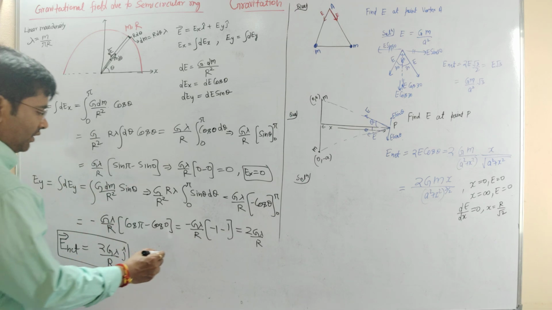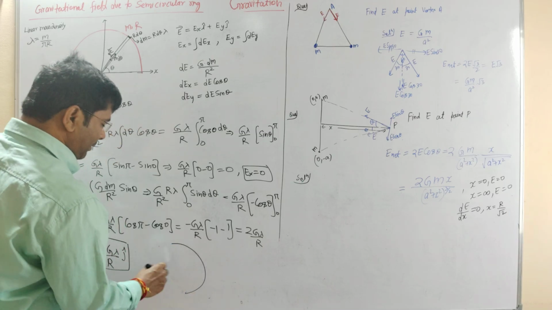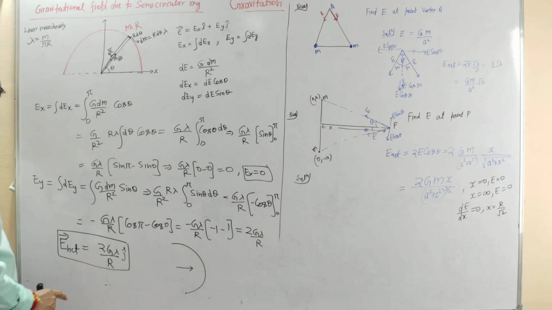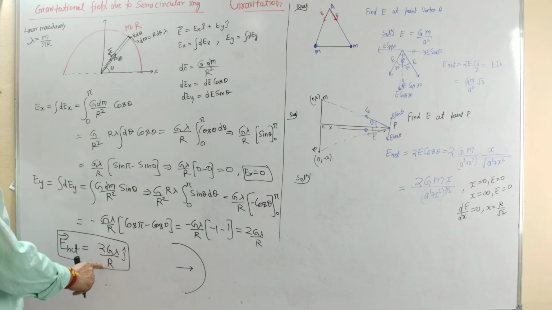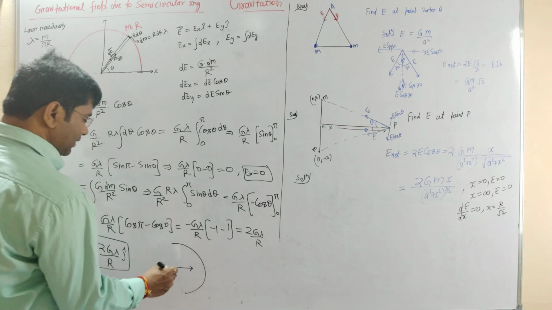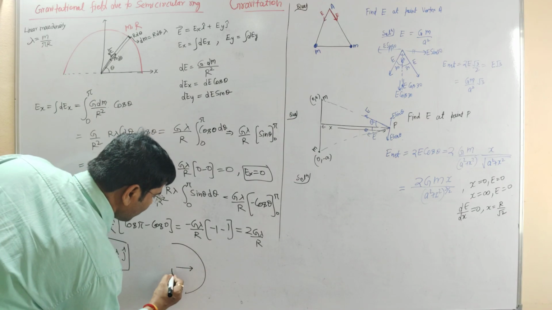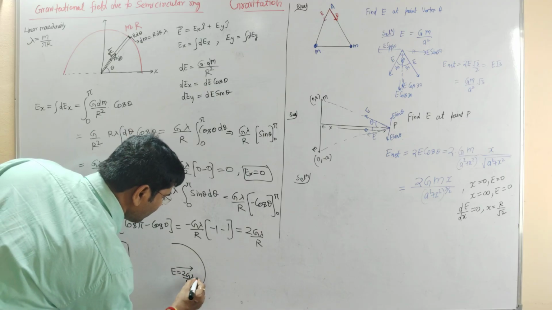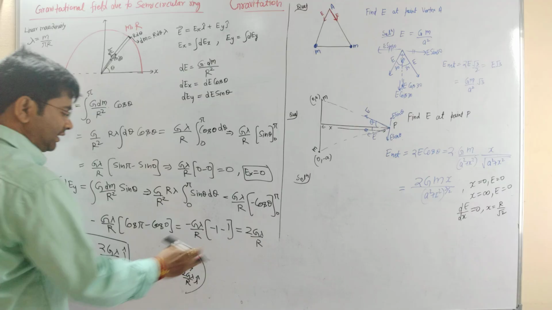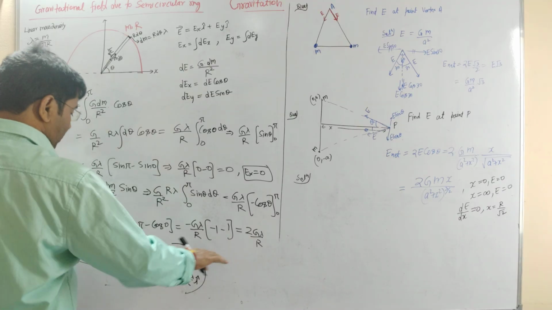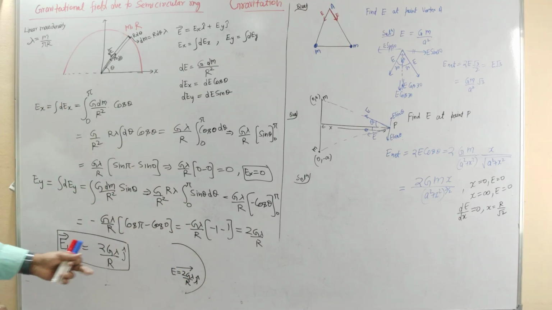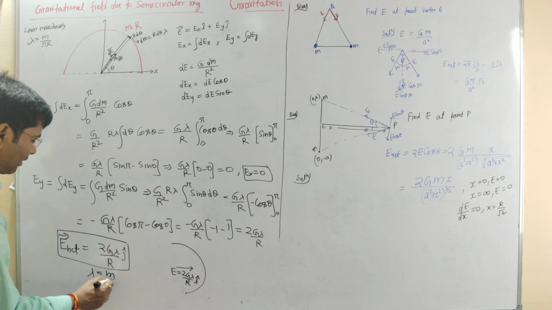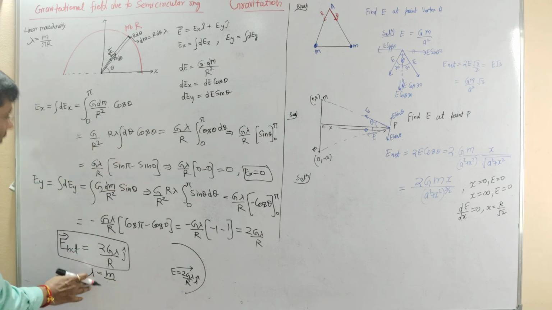If I put this ring like this, the gravitational field will be along this direction. So the value will be the same, 2G lambda upon r, but along the x direction. So here the answer would be 2G lambda upon r into i cap, because along the bisector line this field will be. What is lambda here? If lambda is not given, you can put lambda as m upon pi r.